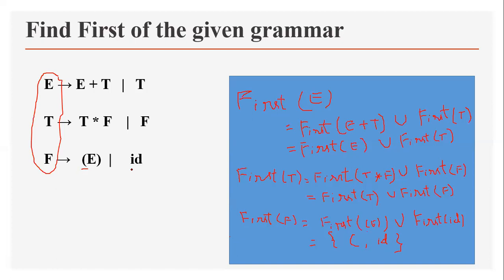Once you know what is first of F, we will come to know first of T is equal to first of F. See the meaning: first of T is equal to first of F, and first of F is nothing but open brace, comma, ID.